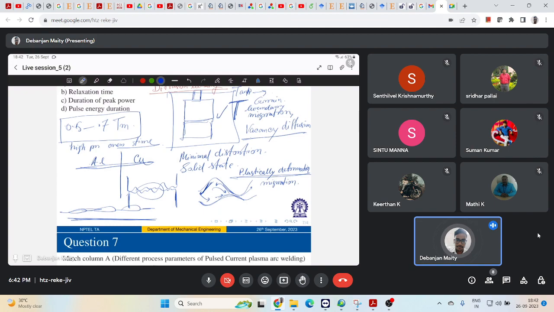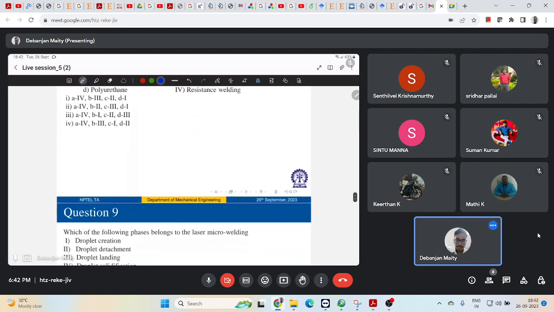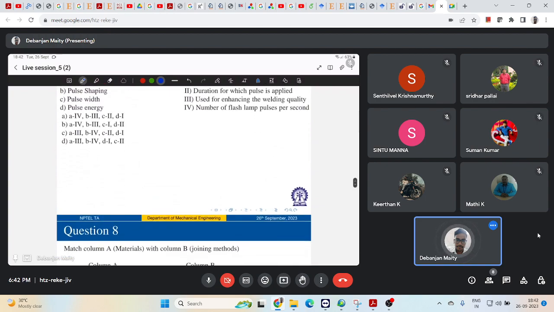Now, how does this diffusion happen? What law does it follow? You have heard of Fick's law of diffusion, right?